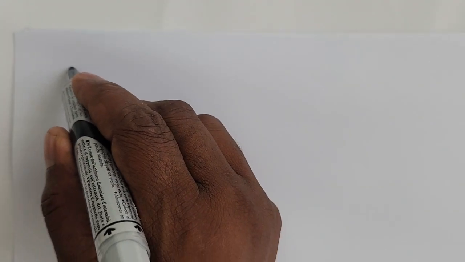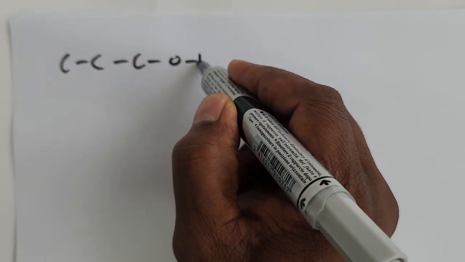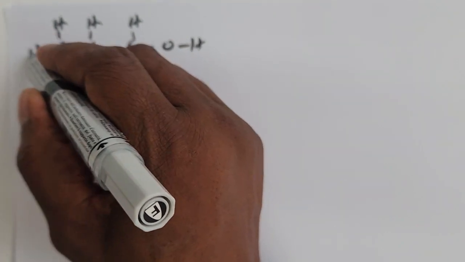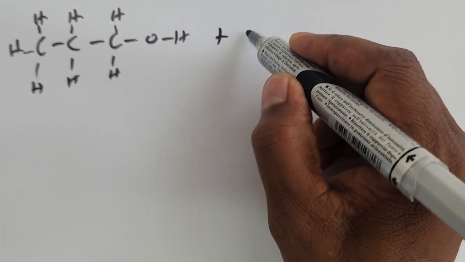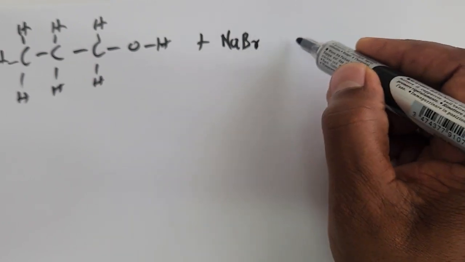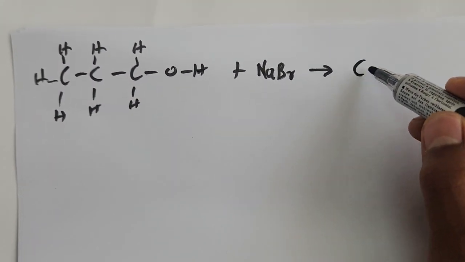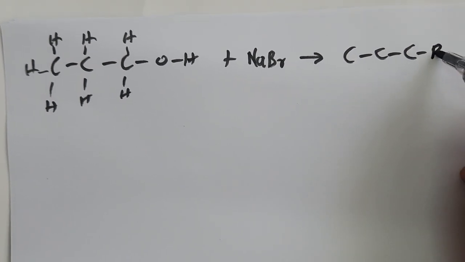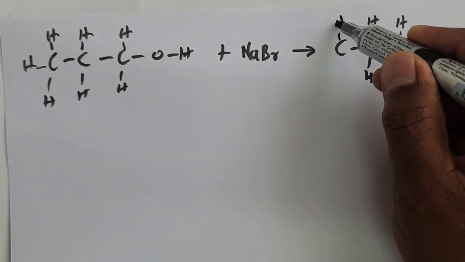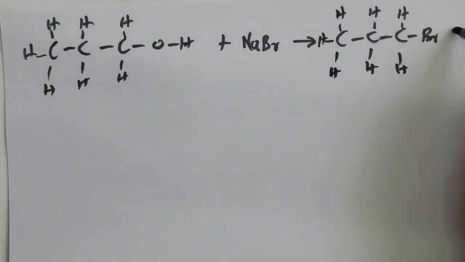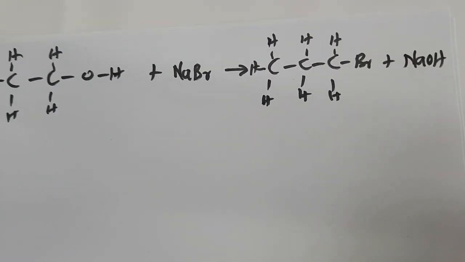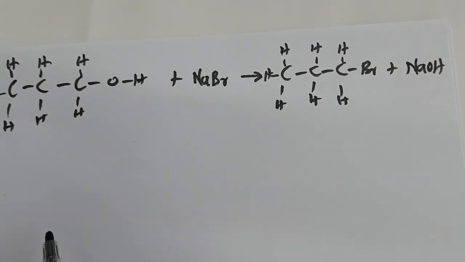If I've got propan-1-ol undergoing the substitution reaction, let's say you react it with NaBr, then it will form 1-bromopropane, where again Br will be here, plus sodium hydroxide. That's the case.